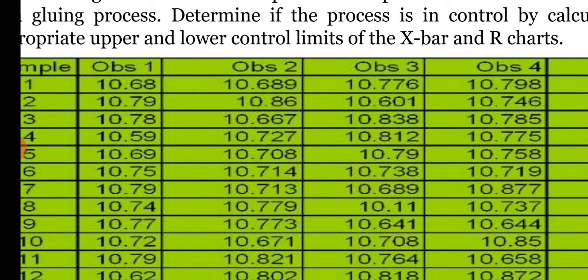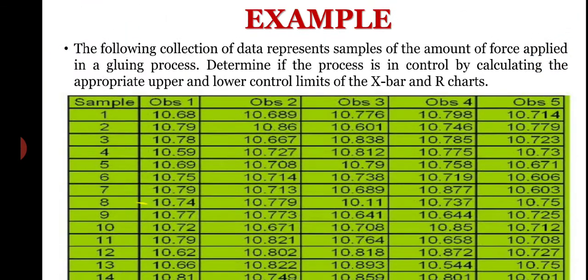For that sample, to have an X bar and R chart, what you need to do is, for each sample, find out X bar and R, and for the entire set find out your X double bar, the average of averages, and the average of the range.